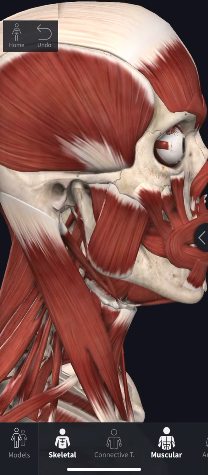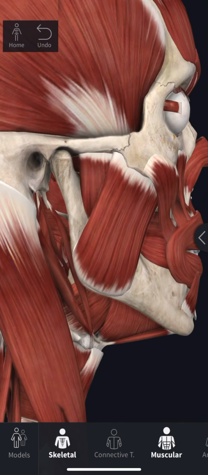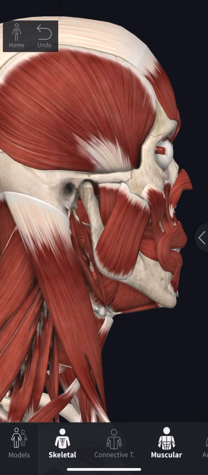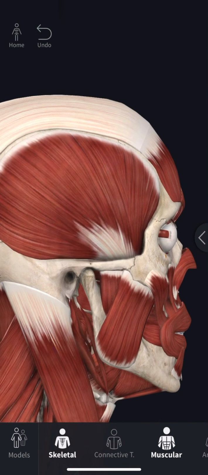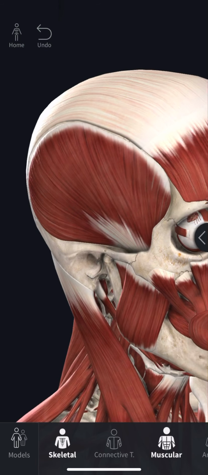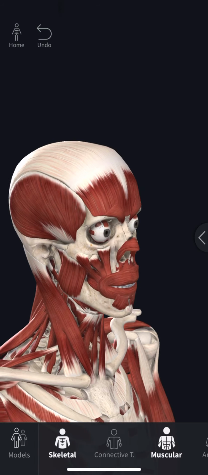You're seeing the masseter. This is the masseter. Temporalis muscle from the temporal fossa. Right.